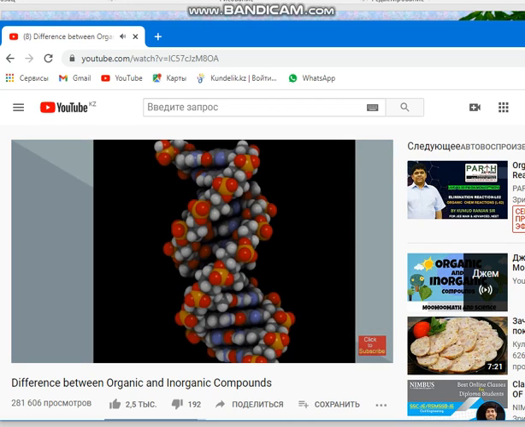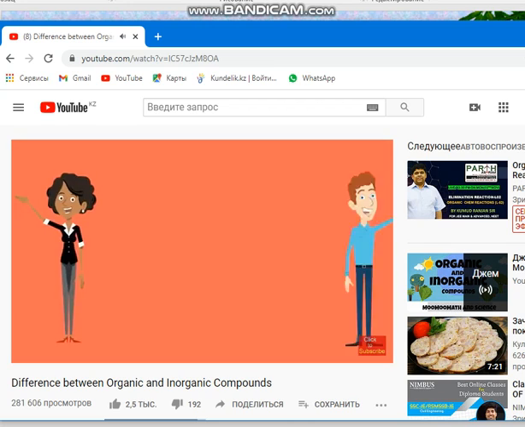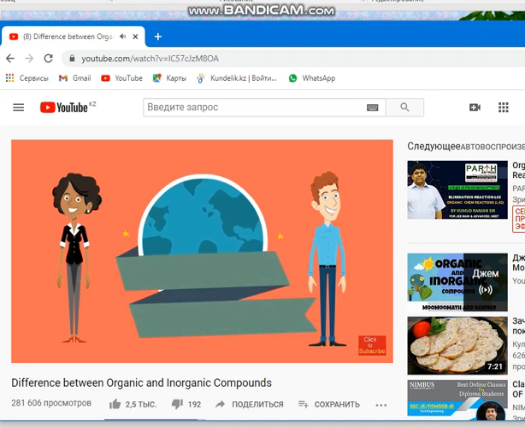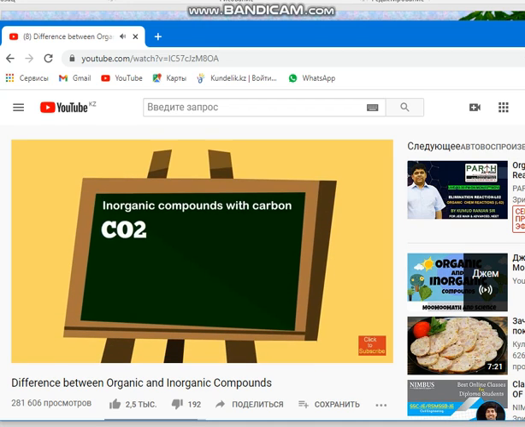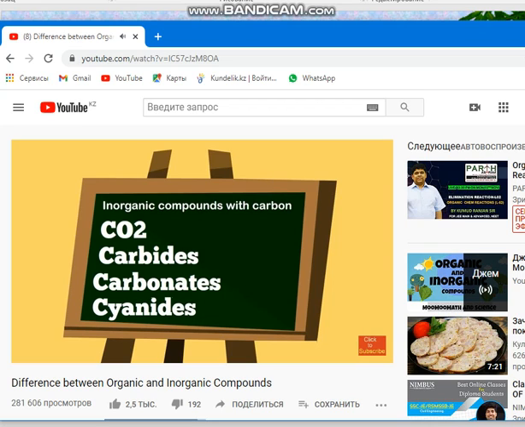Organic compounds can be very large and complex. A compound that does not contain carbon and is usually simple is called an inorganic compound. There are exceptions to this, such as carbon dioxide, and also this would include carbides, carbonates, and cyanides.